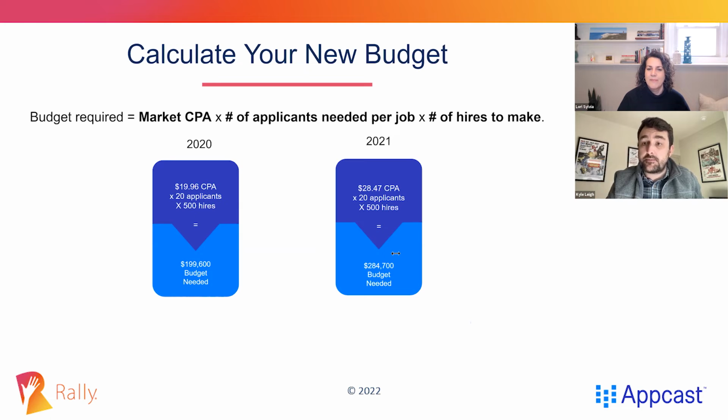So each and every job, you need 20 applicants to make a hire, and you have 500 hires to make. Previously in 2020, you would have needed a budget of around $200,000. In 2021, that went up to $285,000. And in 2022, we only expect the cost per apply rates to increase, at least in the short term. Wow. Okay.